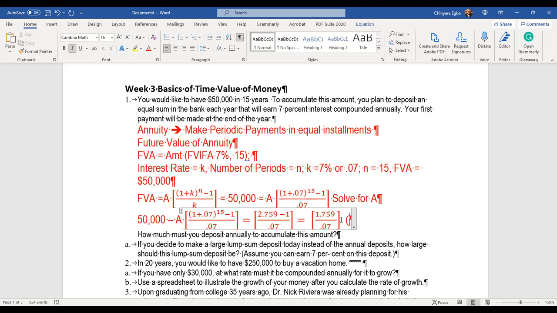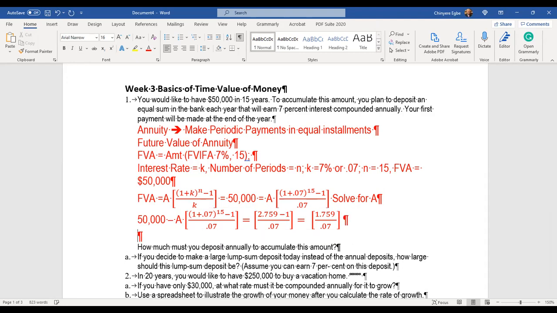Thank you very much for helping. 25.129, so we are now saying that 50,000 is equal to A times 25.129. So what do we have?